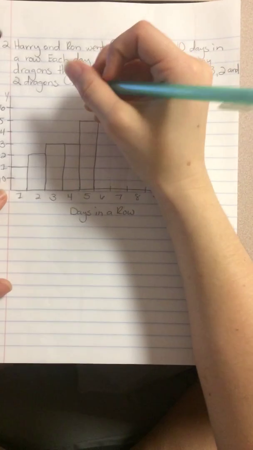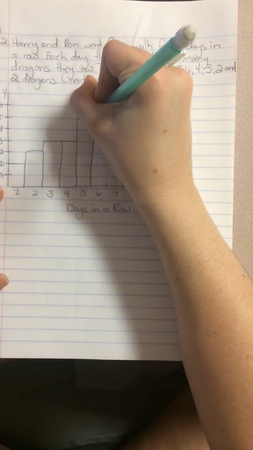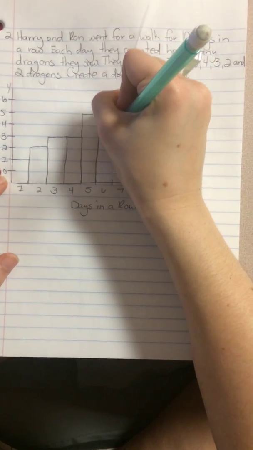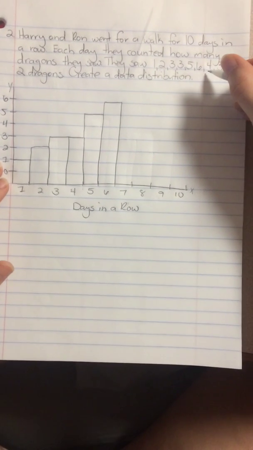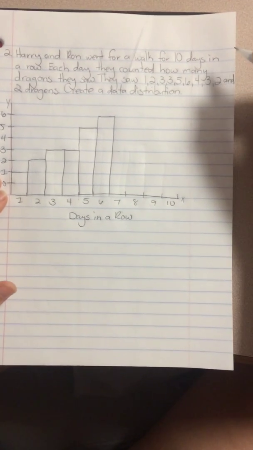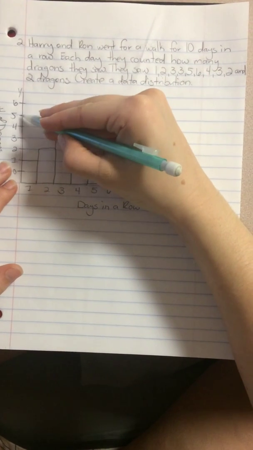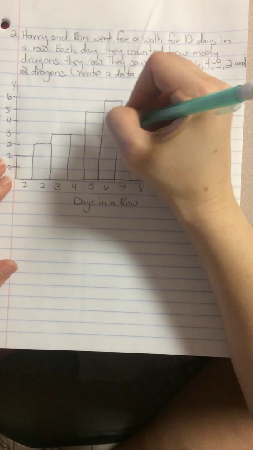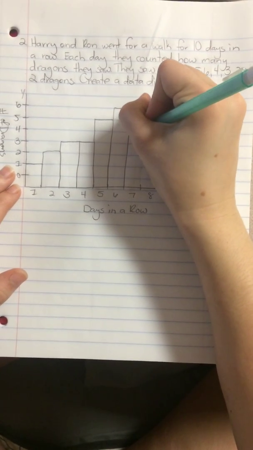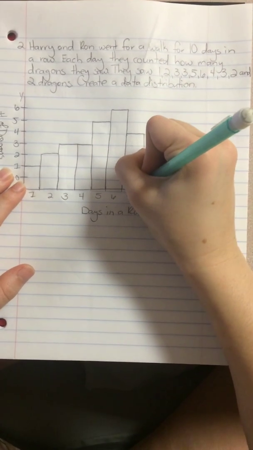And then day 6, they saw 6 dragons, and we know that 5 plus 1 is 6. So now we're up to day 6, and then day 7, though, they only saw 4 dragons. So we go down from 6 to 5 to 4, and we follow the line across, and we write in our 4 dragons for that day.